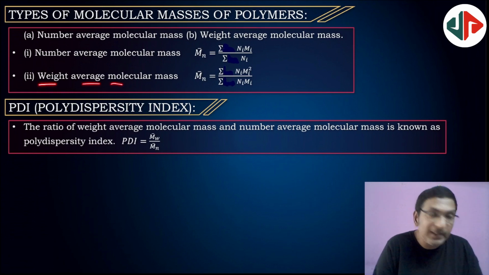Weight average molecular mass is summation of NiMi square by summation of NiMi. The ratio between these two is the polydispersity index, PDI: weight average by number average.